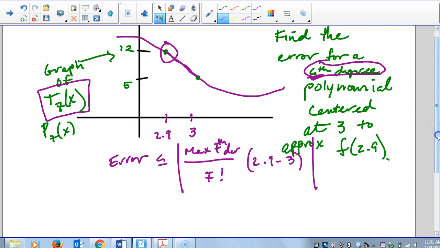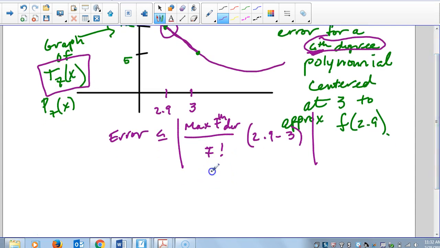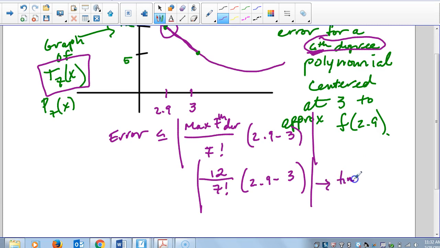So instead of writing maximum of 7th, of course, I'm going to write 12 over 7 factorial within 2.9 minus 3. And then you work that out. Now, when I did it in my notes, I think I did a 5th degree and a 6th degree, but you work that out and you get a tiny number, which is the error.